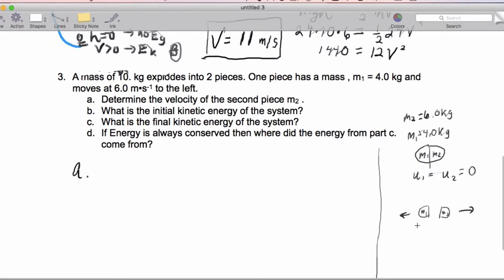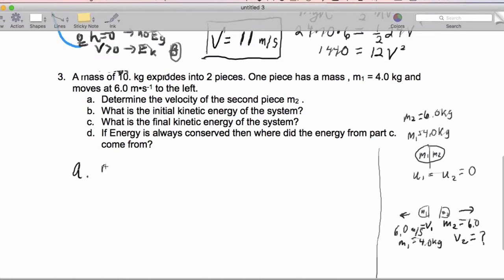Now, let's determine the velocity of the second piece first by looking at our drawing and setting up what we're going to plug into the formula. So we know that we have this thing moving at 6.0 meters to the left, and that it has a mass of 4 kilograms. And for this other piece, we know that its mass is 6 kilograms. And by the way, this is V1. And what we're looking for is V2. So here we go.